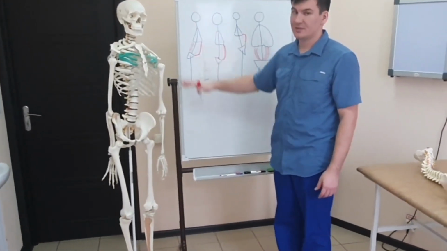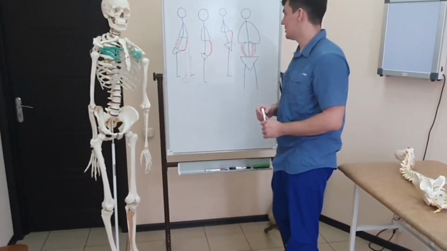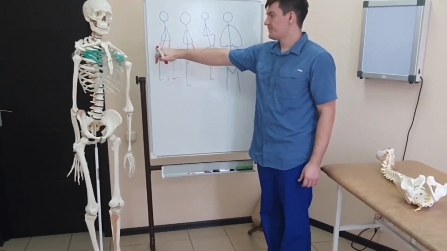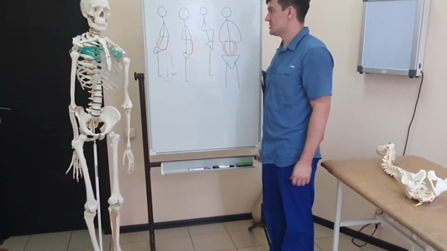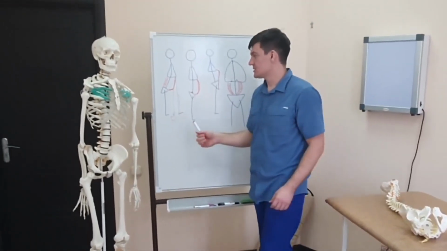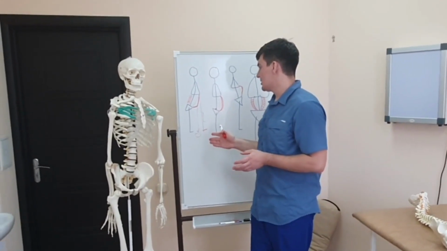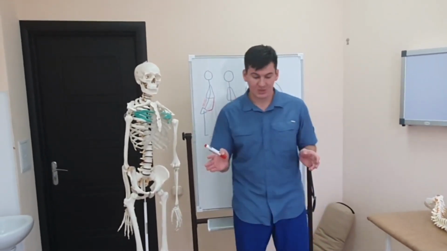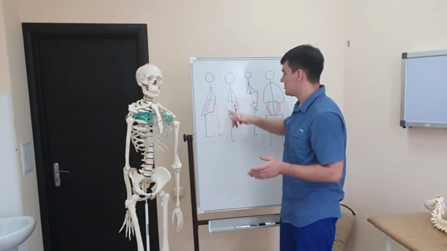So that's one scenario to show you how the abdominal muscle affects excessive tension in the back muscles. In this case, there will constantly be problems with movement, with bending forward. Because when you bend forward, your head will always move too far forward.